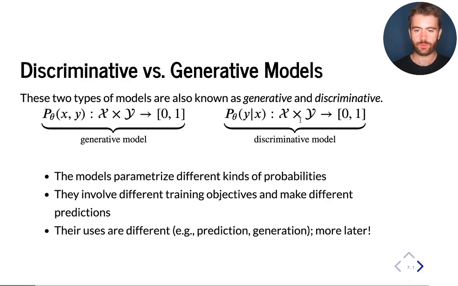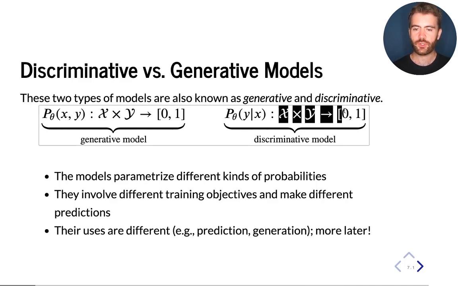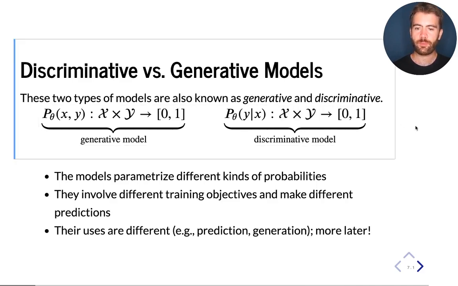So what is the difference between these two models? Why is it important? The first and maybe really obvious distinction is that these are two functions with the same signature, but they parameterize two really different kinds of probabilities. On this side, we have a function that outputs a number between 0 and 1, and when we sum this over x and y, the sum of all the probabilities has to equal 1.